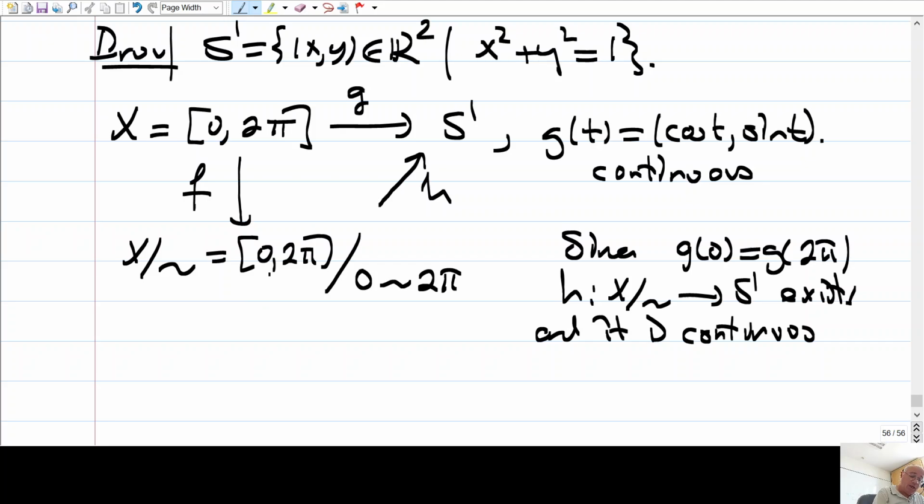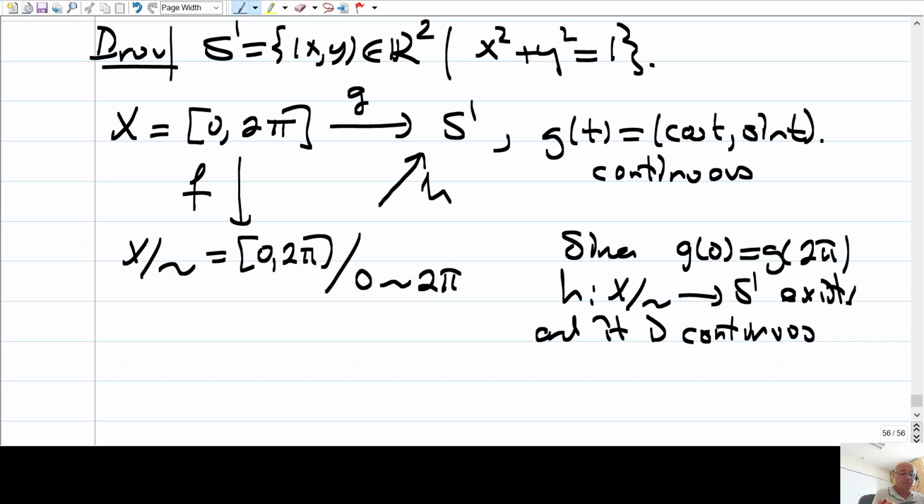Why is that? Well, the only two points which violated one-to-oneness for g were the points 0 and 2π, and I just identified those two points. Now they became one point.